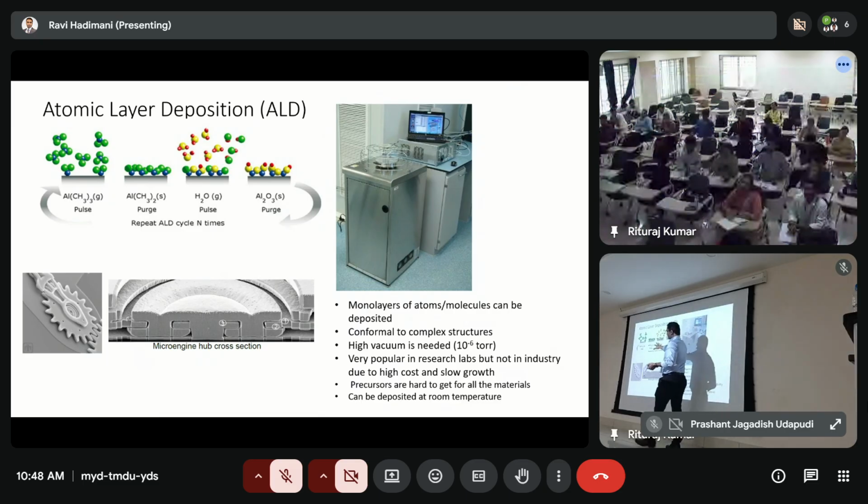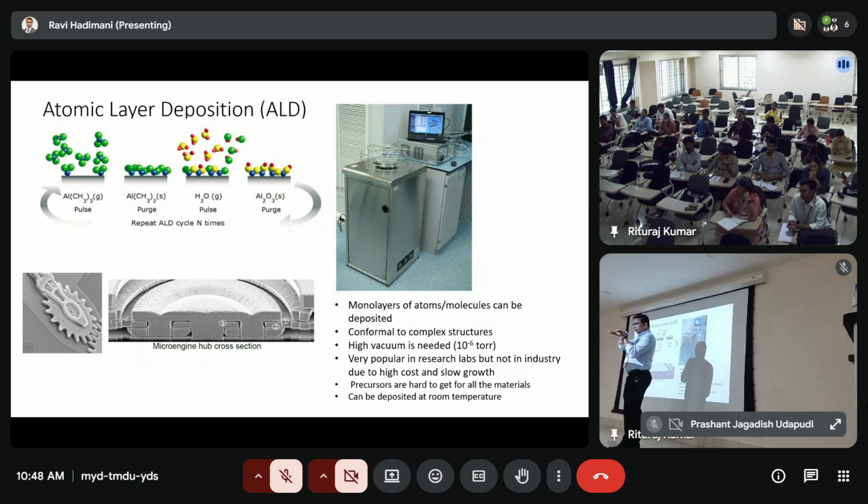Same thing, there is chemical reaction, but here it happens atomic layer by atomic layer. Small amount, they pulse it. Pulse means send the precursors, purge it. So they remove. When you pulse it, one layer of chemical comes, sits on the substrate. The van der Waals forces hold on the surface. You purge, use argon and push all the remaining material that's not attached. Okay, and then you pulse another chemical.